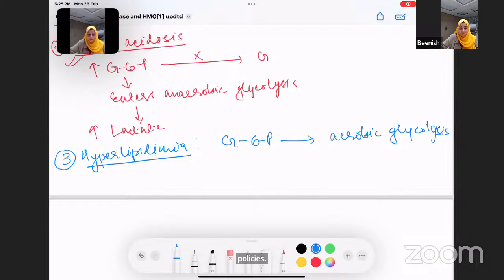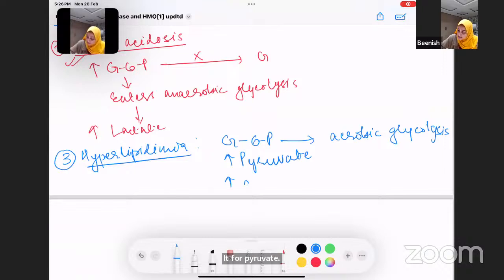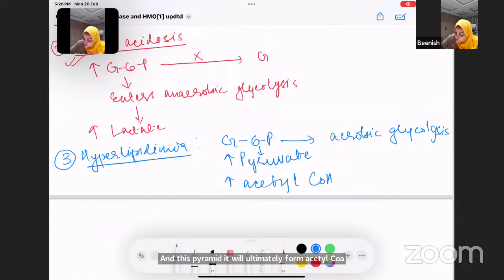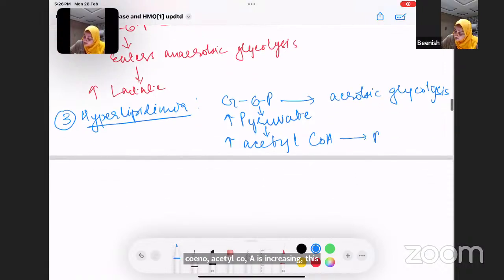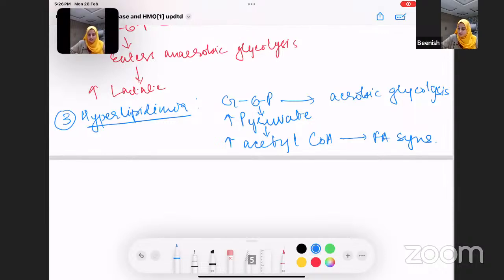So when it enters aerobic glycolysis, what will it form? Pyruvate. And this pyruvate will ultimately form acetyl-CoA. Glucose 6 phosphate forms pyruvate, this pyruvate forms acetyl-CoA. Now your acetyl-CoA is increasing. Now this acetyl-CoA will enter fatty acid synthesis, so your fatty acids are being formed.